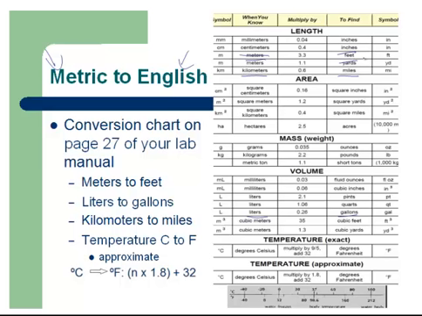So all of those conversions, we just start with the metric. So maybe if we're doing kilometers over here, then we multiply by this number that's between them. So we would take our number of kilometers, multiply by 0.06, and that would give us the equivalent number of miles. And we do the same for everything on the chart.